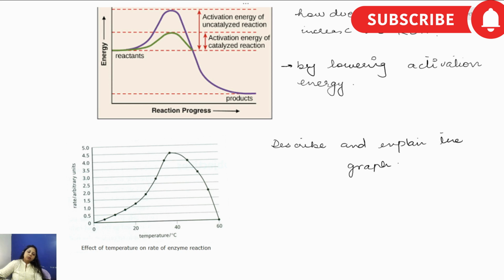AU. Yes, AU. There's no need to mention the temperatures which are not given in the graph. Just mention the temperatures which are given in the graph, like 0, 20, 40, and 60. There's no need to mention 5, 10, 25. Just mention the temperatures that are given in the graph. That is the description of the graph.